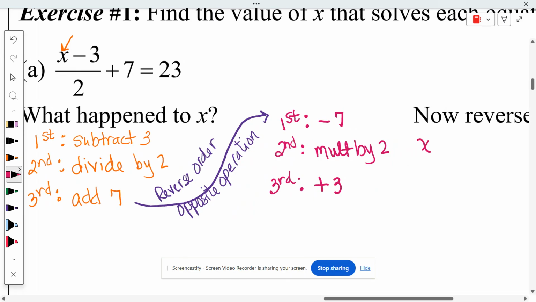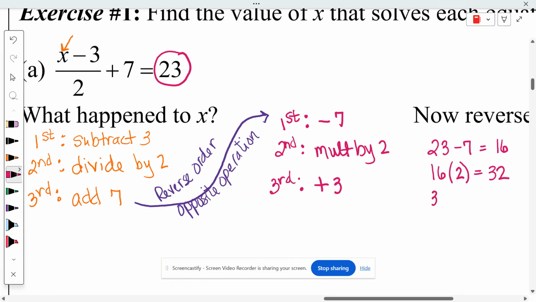So x equals, well, this whole thing equals 23. So we're going to start with that. We're going to take 23 and we're going to subtract 7. 23 minus 7 is 16. Then we're going to take that 16 and multiply it by 2. 16 times 2 is 32.